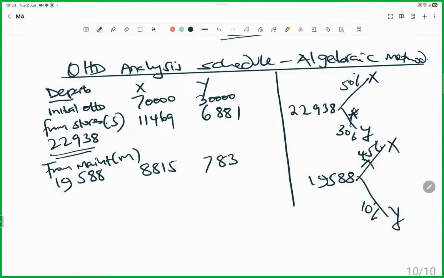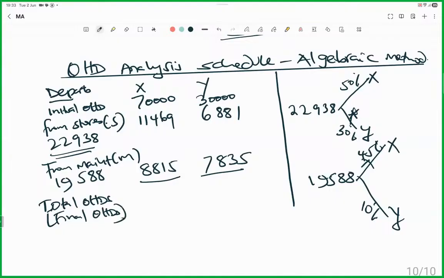7,835. And therefore, what are the total overheads here? The answers you are getting here will be very close to what you got using repeated distribution, and this is the most accurate. For Y we are getting 44,... Have we added up this?